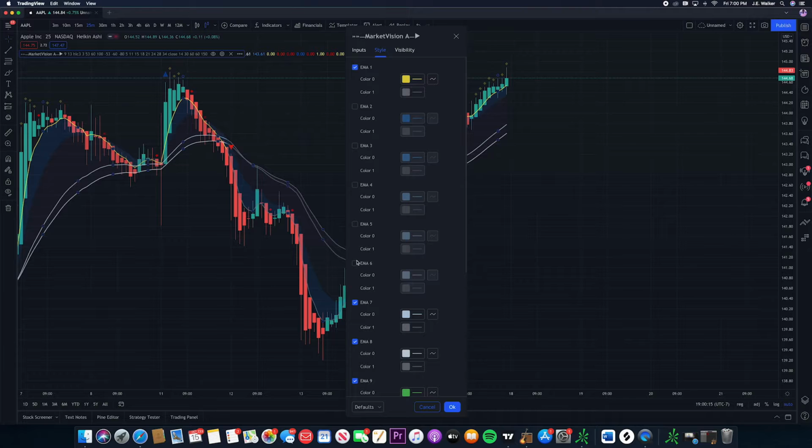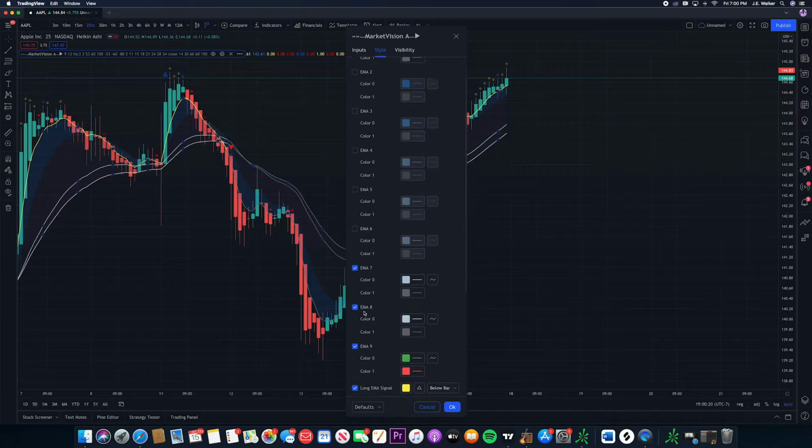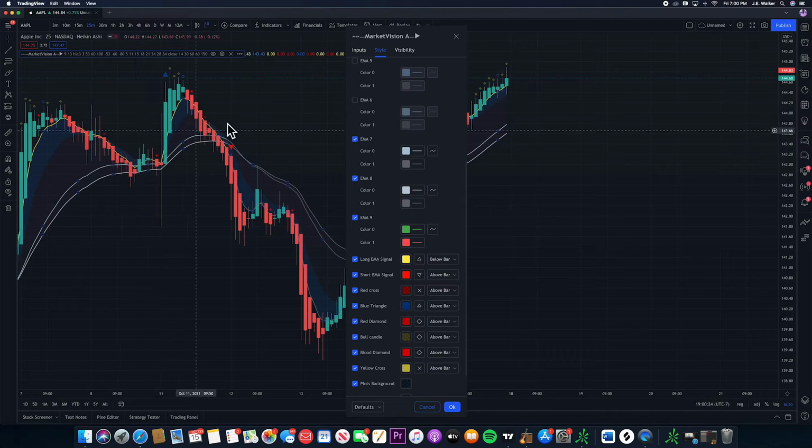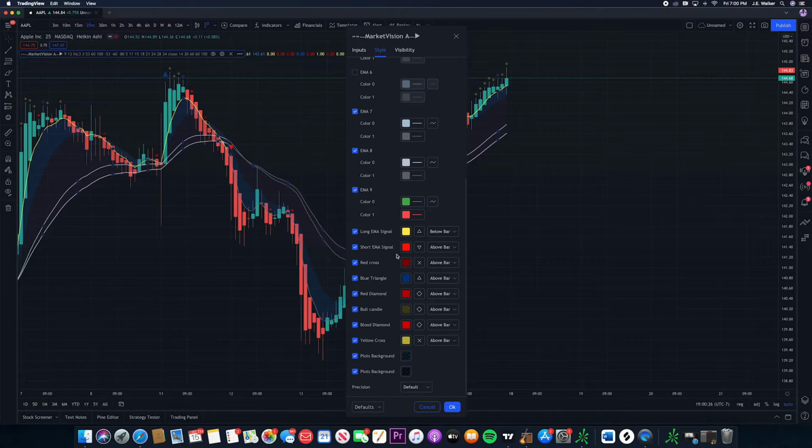These are the signals that come with Market Vision. It's pretty self-explanatory. The only ones that you really need to pay attention to are your longs and your shorts. Those are the ones that you're going to be seeing the most often.